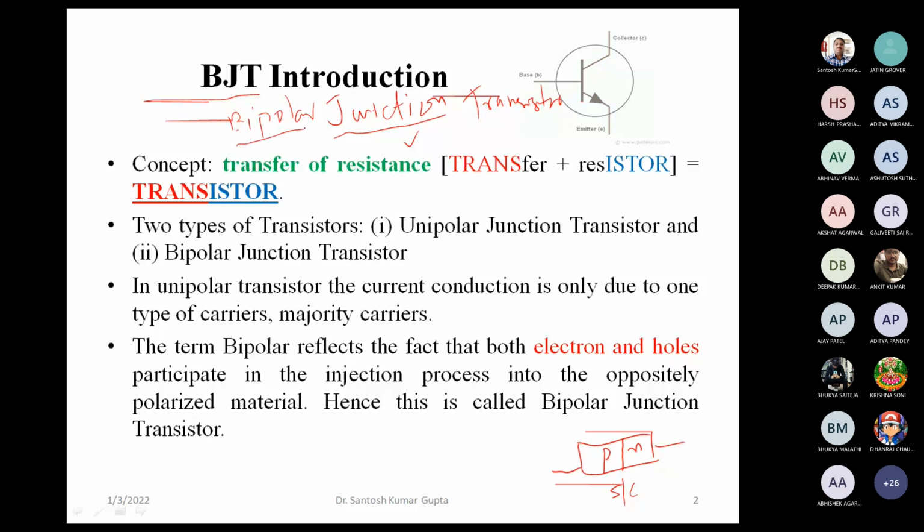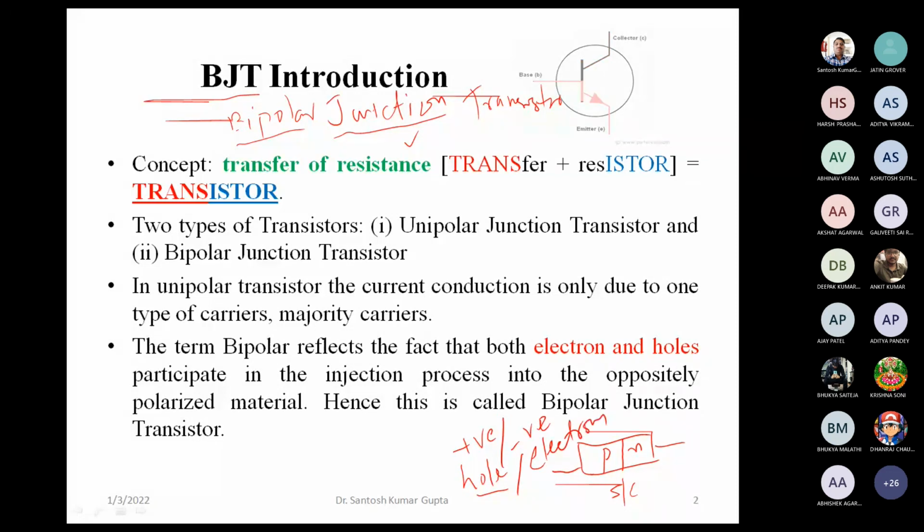Bipolar relates to the type of carriers which contribute to the current. Bi means two, polar means polarity, like positive and negative. Positive polarity corresponds to the holes, and negative corresponds to the electrons.